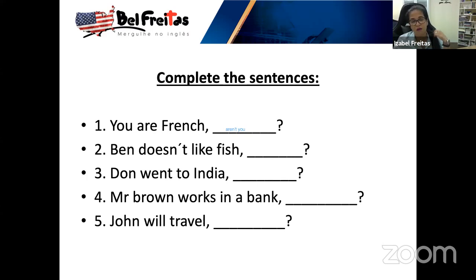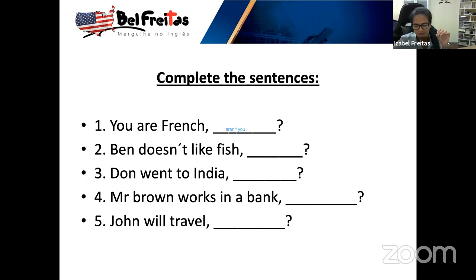Four, Mr. Brown works in a bank. Doesn't he? Works, present, affirmative, tag question, negative, present. So doesn't he? Number 5. Great, Thiago. Very good.